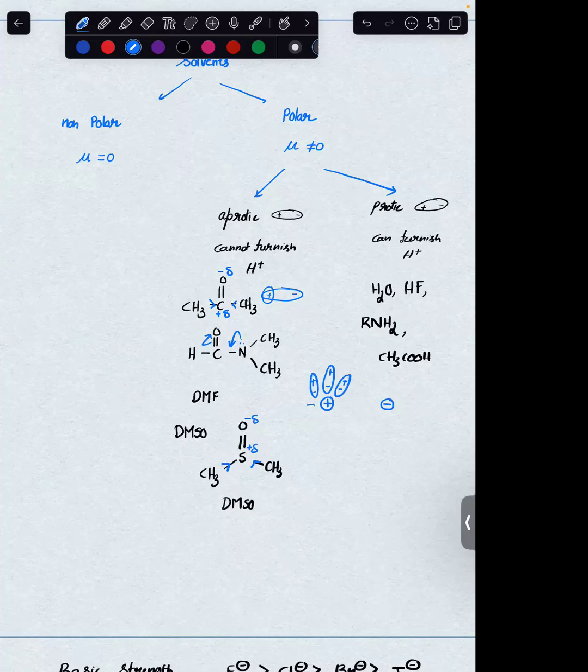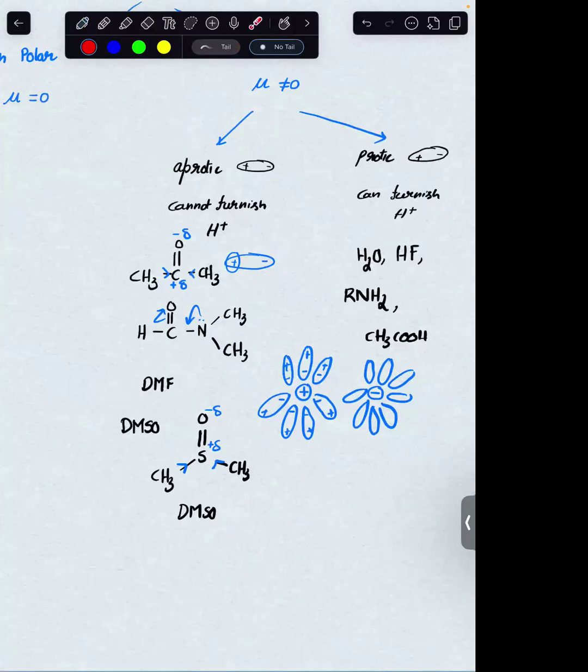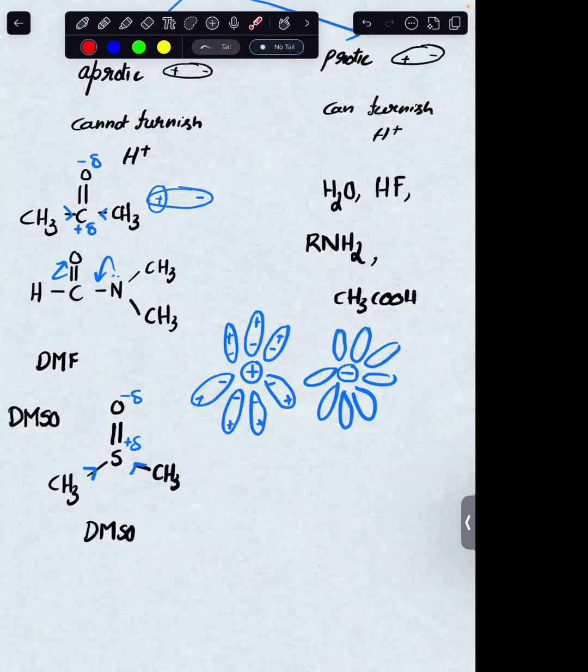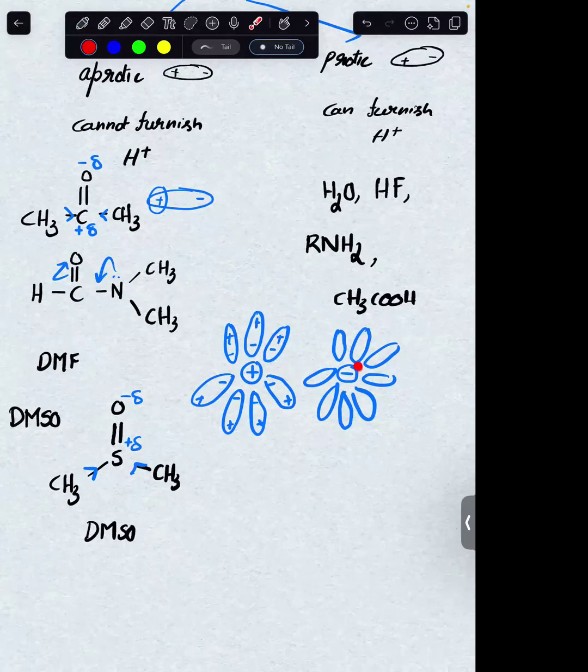Everyone, let us take a polar protic solvent. In a polar protic solvent, you will have a significant negative and significant positive end in the dipole. As a result, both the cation as well as the anion will be solvated effectively. Because of the strength of the dipole, the negatively charged ion will be solvated by the positive ends of the dipole.